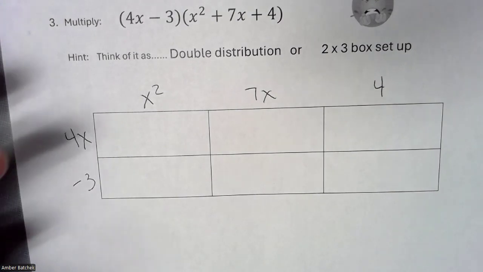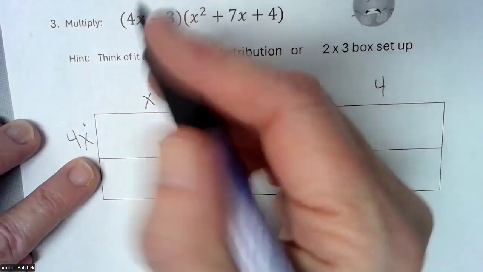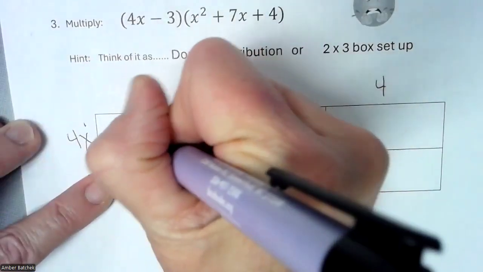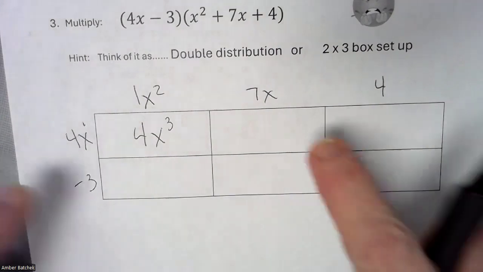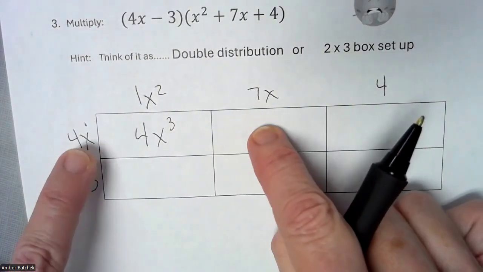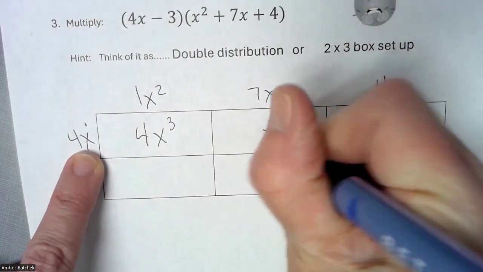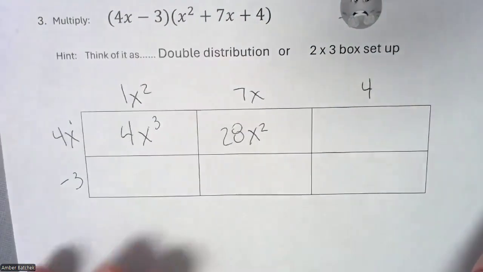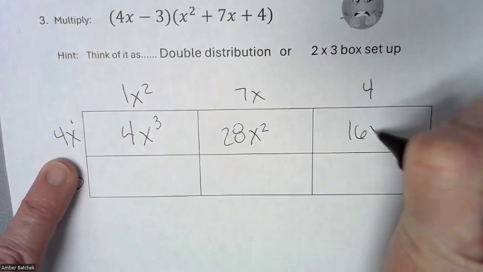Adding powers. Okay, so this is a power of 1, power of 2. That gives me x to the power of 3. Multiply coefficients, so that first box is 4x cubed. Okay, let's come to our second box. X to the first times x squared is x cubed... 7 times 4 is 28, and it's a +28. Okay, here we've got 4 times 4 is 16, and y'all, we only have 1x.